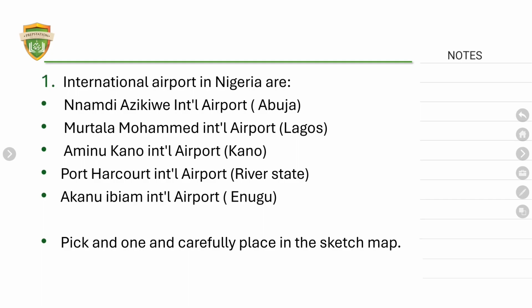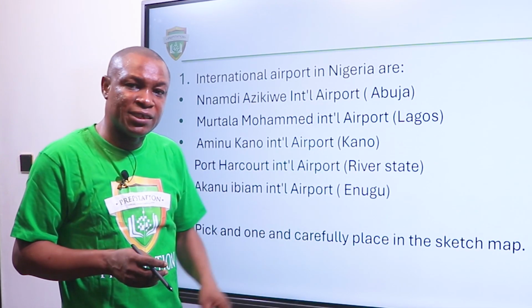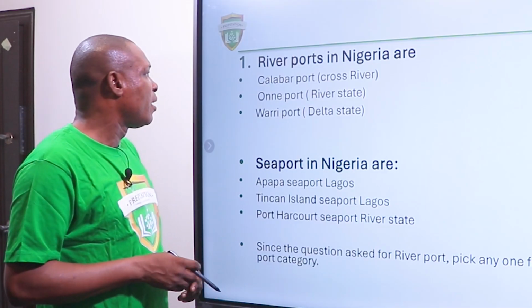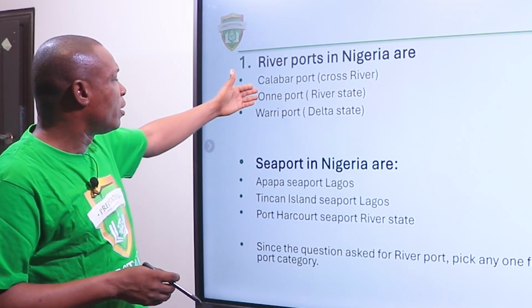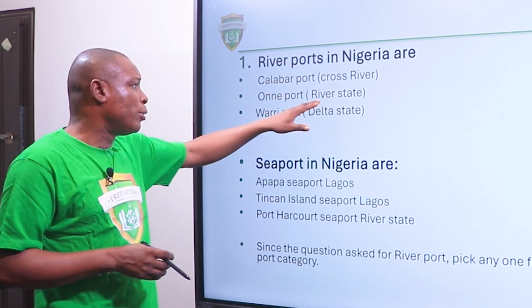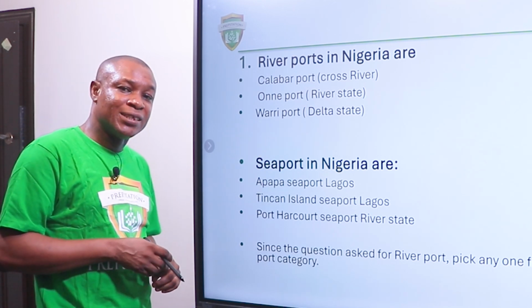So these are the 5 international airports. You can pick any one of them: the one in Abuja, Lagos, Kano, Rivers State, or Enugu State. Pick any one of them and carefully place it on the sketch map of Nigeria. River ports, like I mentioned, you have the Calabar port in Cross River State, the Onne port in Rivers State, and the Warri port in Delta State.